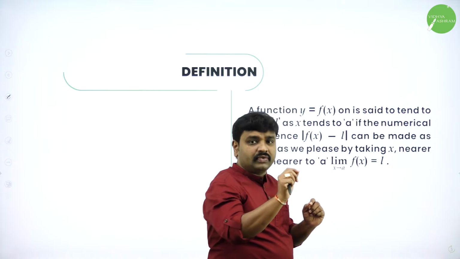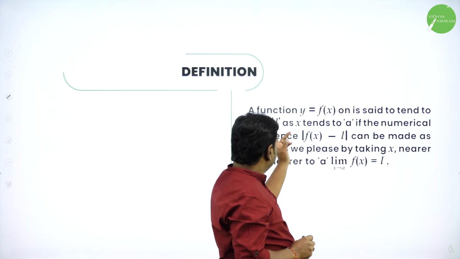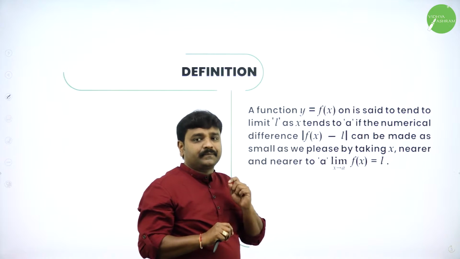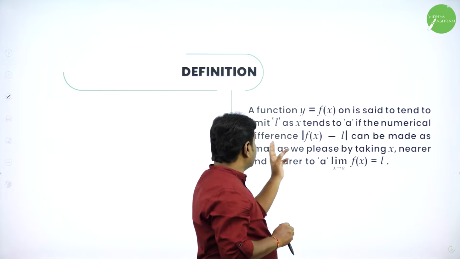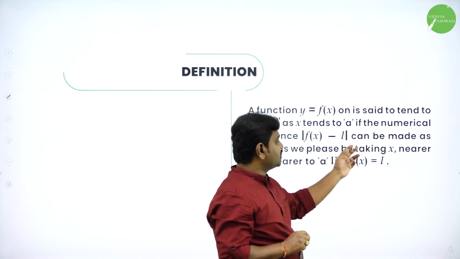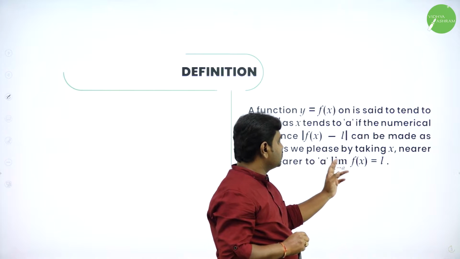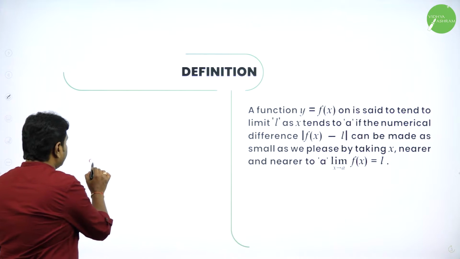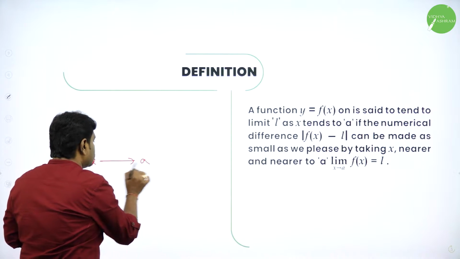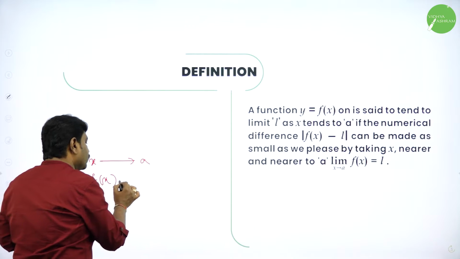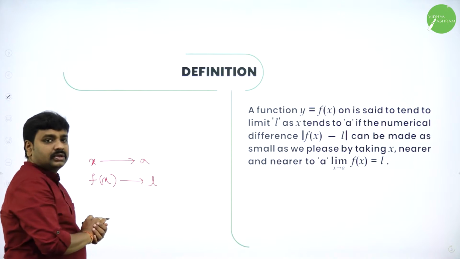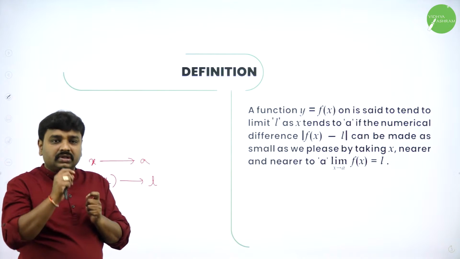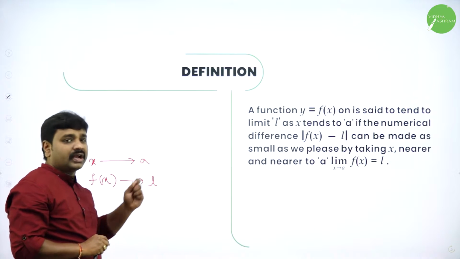When the x value is going near to a, the functional value tends to a unique value called L. And we say that if the numerical difference, modulus of f of x minus L, can be made as small as we like, the meaning is simple: as the value of x goes towards a, the value of the function will go towards L. When x goes near to a, the functional value will go to a unique value.